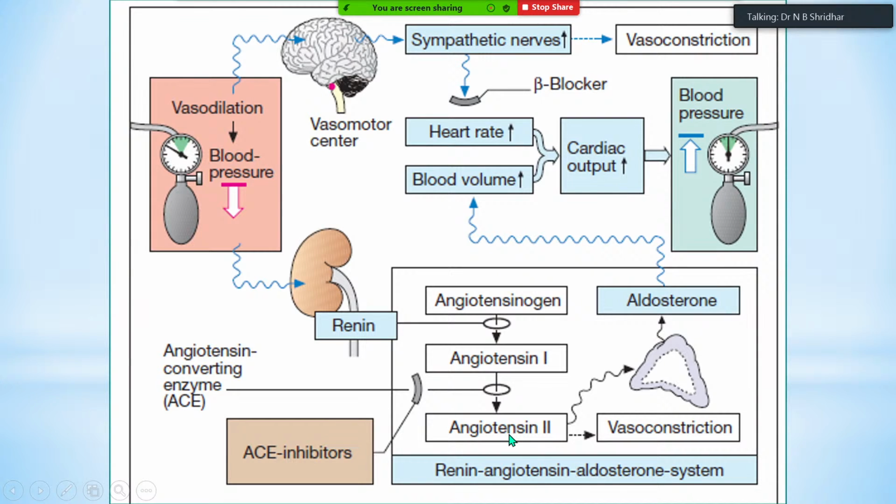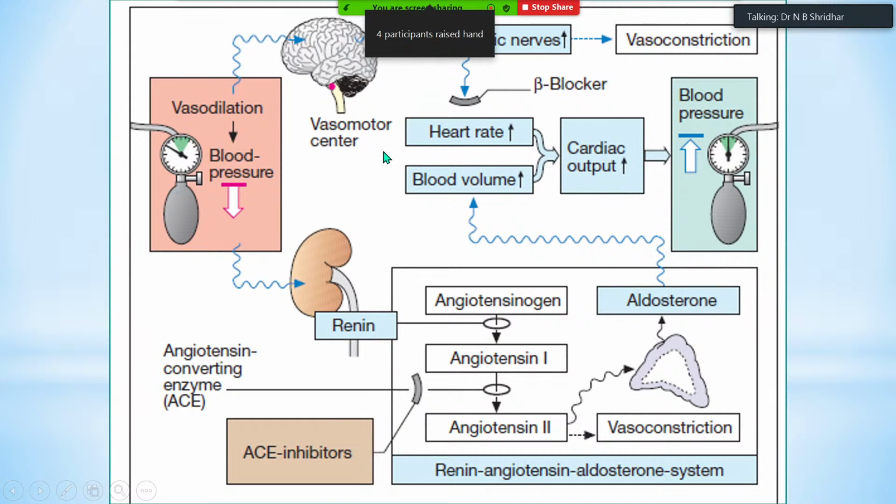Then this angiotensin 2 is going to cause vascular constriction, and from the adrenal the aldosterone is going to be formed, and aldosterone is going to act on a variety of cells in the heart, and it increases the heart rate and the total blood volume, and the cardiac output will be increased, ultimately leading to an increase in blood pressure, whereas the beta blockers are going to block this action.